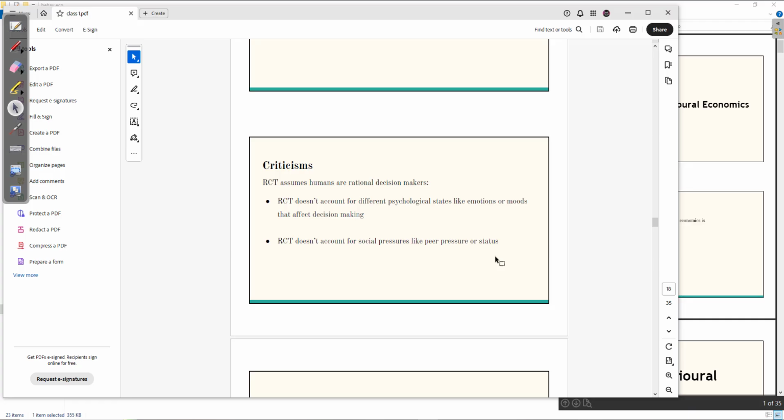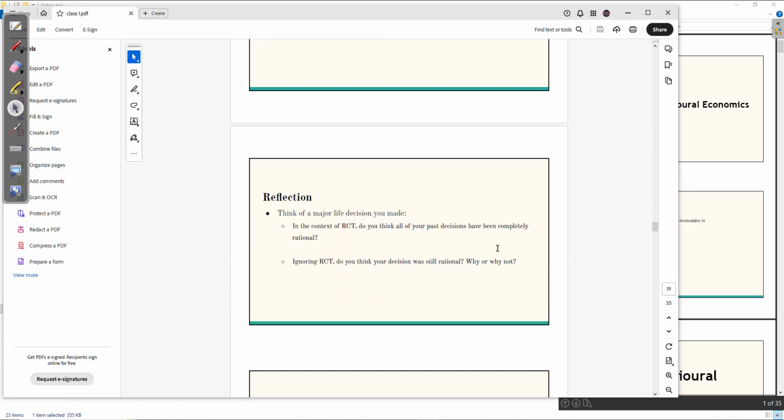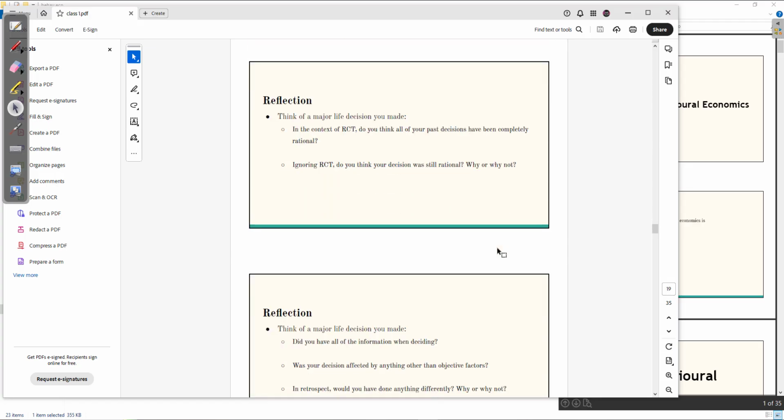If you are not considering emotions under this theory, it is again not practical. It doesn't account for social pressure like peer pressure, or what I talked about, relationships and everything. So you just think about yourself and then make decisions. This is what RCT, the rational choice theory, says.